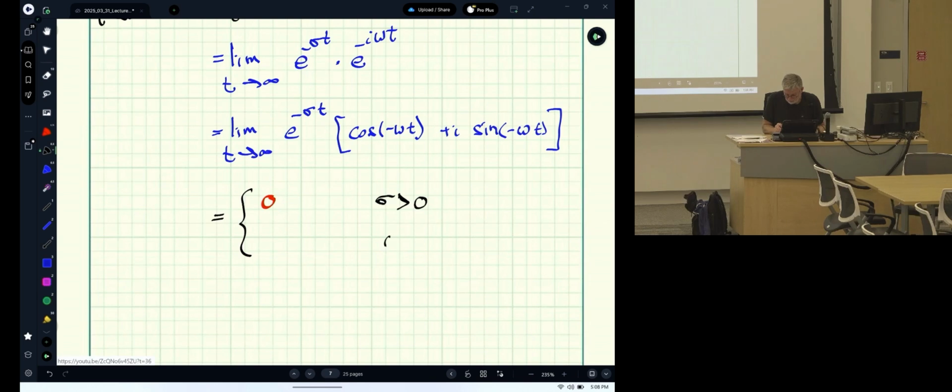And then otherwise, so sigma is 0 or positive. Sigma 0, that's just 1. But when t goes to infinity, these things don't have limits. And then if sigma is negative, this term explodes, and this still doesn't converge. Okay? So the limit is simply undefined.